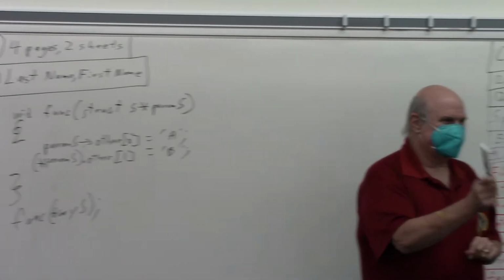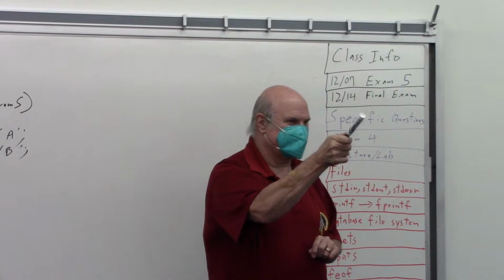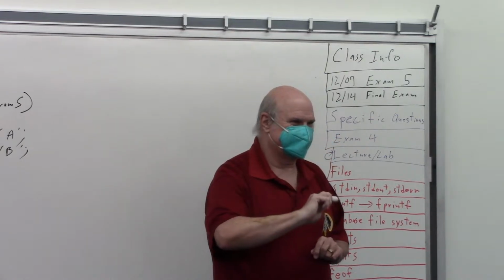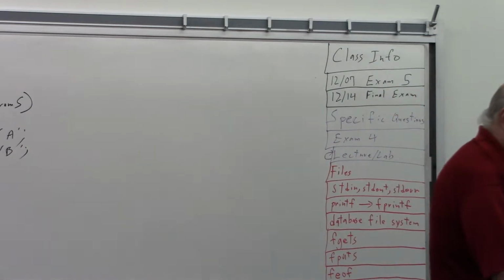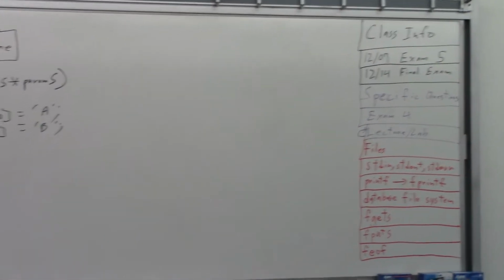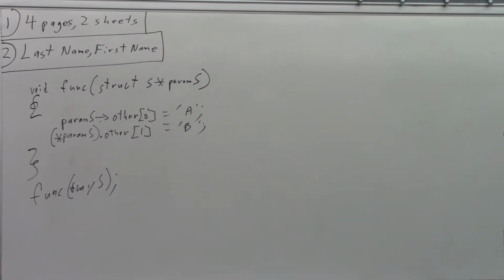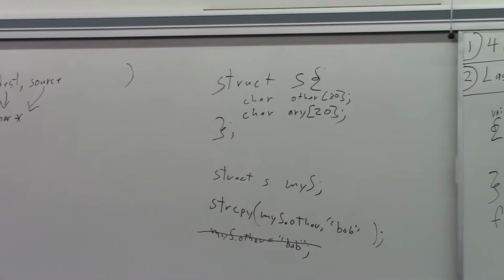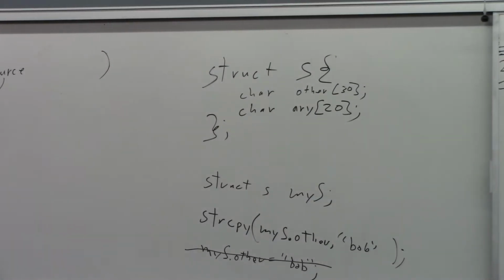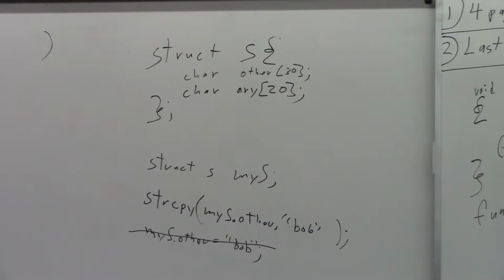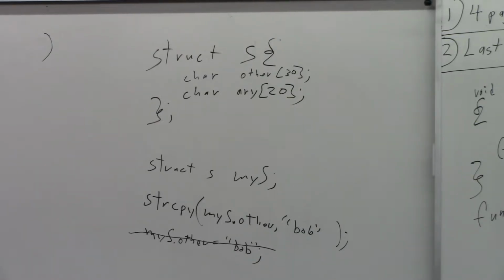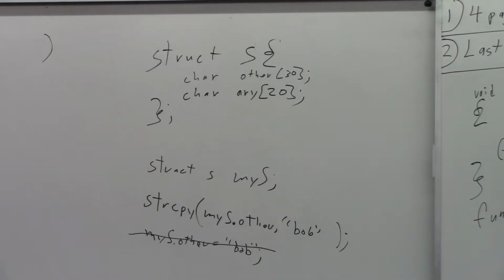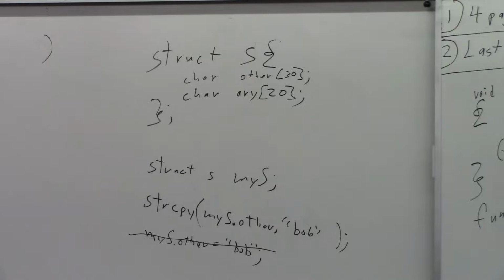Question? Second one, question. So for that struct S, if we choose the first one, the char other, if we use the char asterisk other, then we can use the my s dot other equal at the bottom.